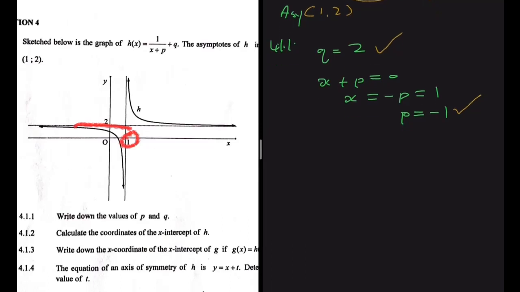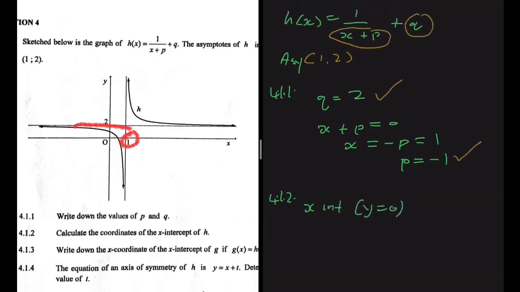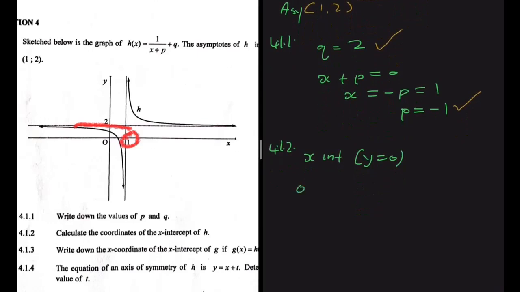Let's do 4.1.2. It says let's calculate the coordinates of the x-intercept of h. As soon as I hear x-intercept, I let y be equal to 0. So from h of x, I put 0, and then we have 1 divided by x minus 1, plus 2.